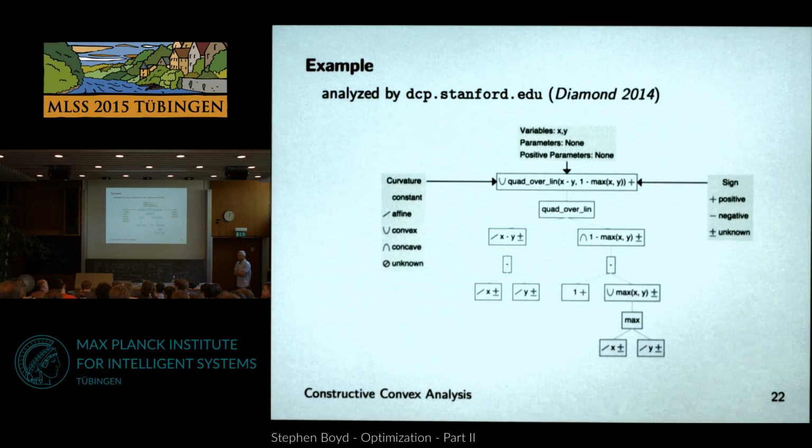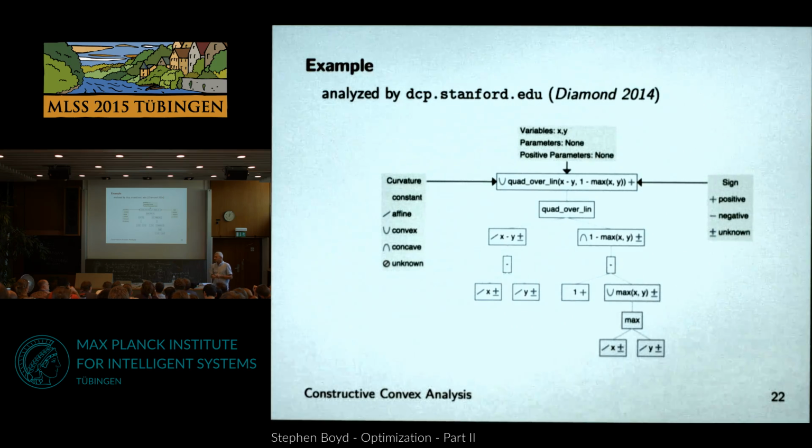I might have missed that, but you said 1 minus max is convex, but isn't it actually an affine function? 1 minus max of x, y is concave. Let's go through that slowly. Right, so max is convex. Then the unary minus of a convex function is concave.